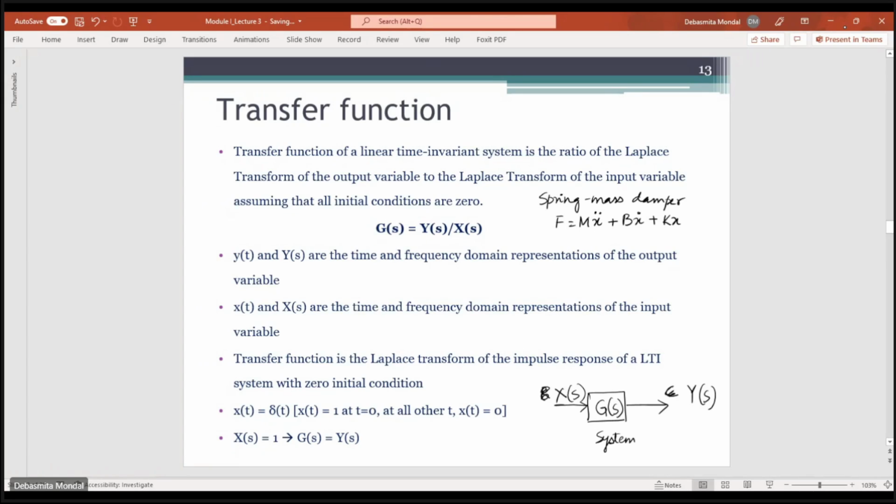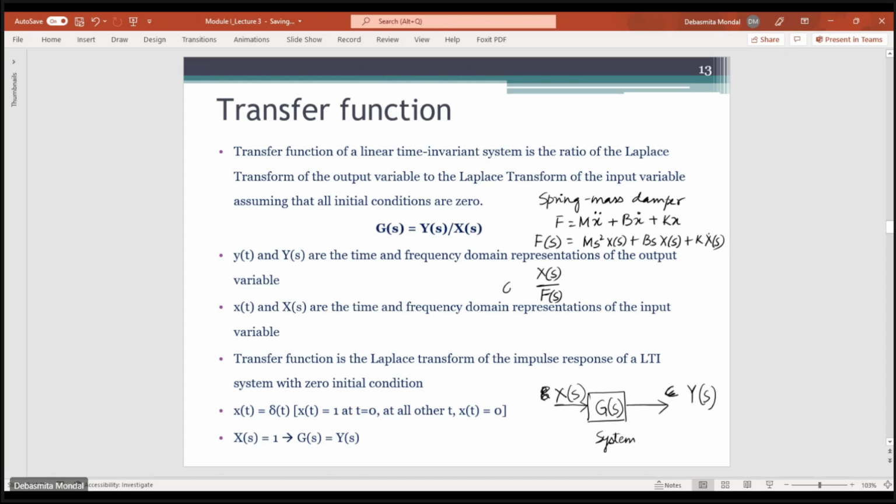So now if you take the Laplace transform of this whole equation, then we will get F(s) equal to m s squared X(s) plus b s X(s) plus k X(s). Then from here, if you take the output, it is X(s) by F(s).